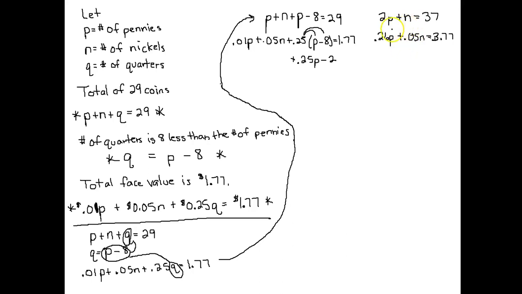All right, so these two, I think I'm going to go ahead and use elimination. I'm going to multiply 2P plus N equals 37 by 5. So then I get 10P plus 5N equals 185. And then I'm going to multiply that second equation by negative 100.